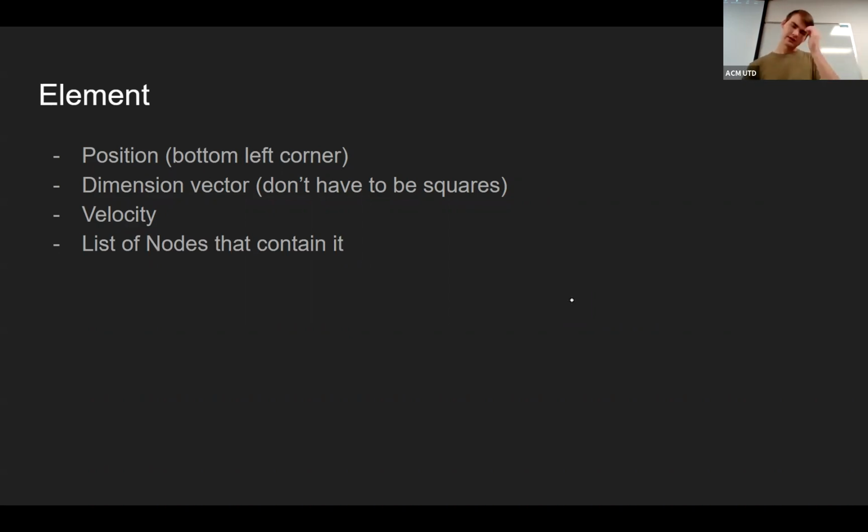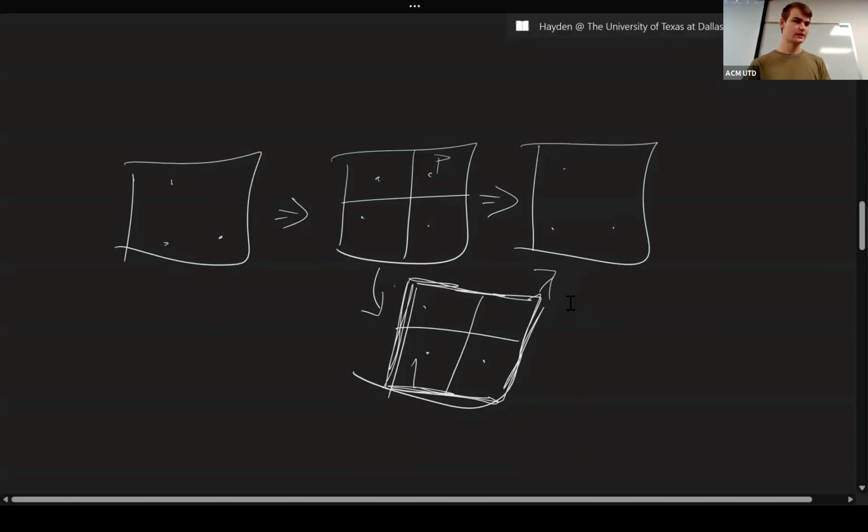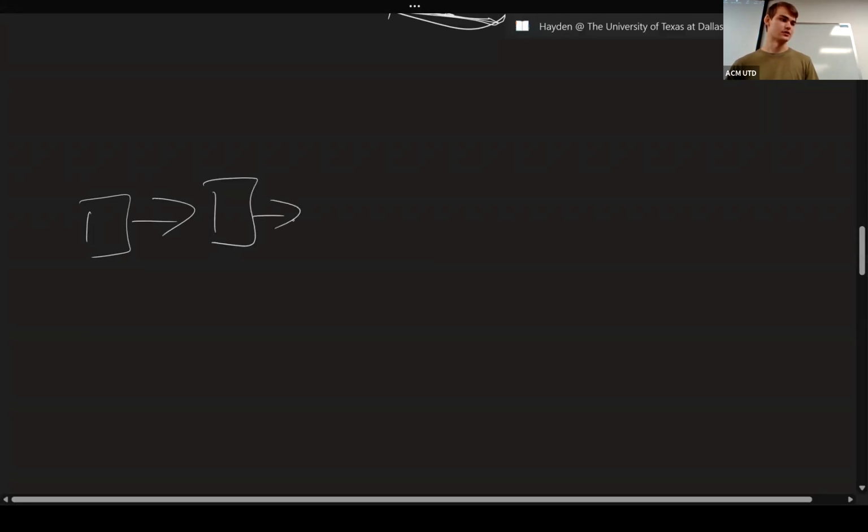And here's probably the weirdest part, is that each element also has a list of nodes in the tree that it is contained by. This is something that we touched on a bit, I think, when we talked about linked lists, so I'll draw that example out and then I'll show you how it relates to the tree.